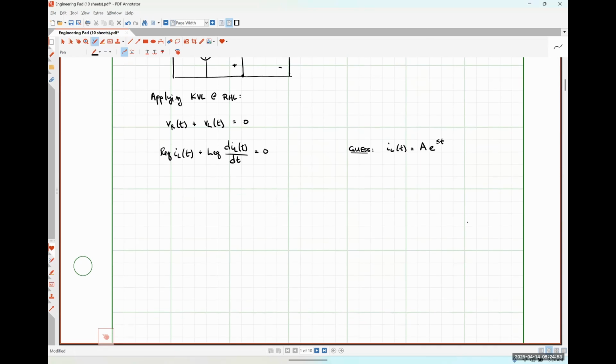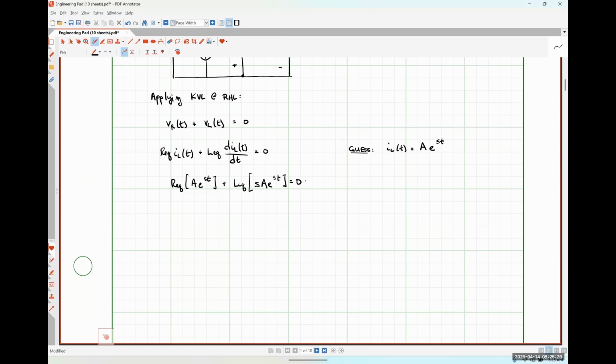So if I plug this in, I'm going to have REQ times A e to the st plus LEQ. So what's the derivative of A e to the st with respect to time? s A e to the st, okay? And all I'm going to do now is rearrange things a little bit, okay?